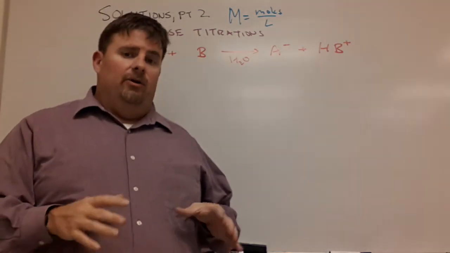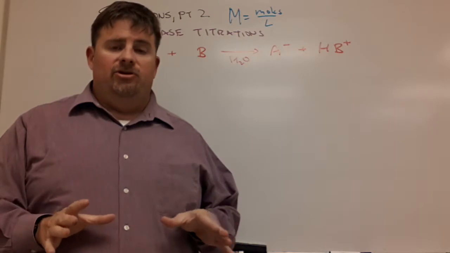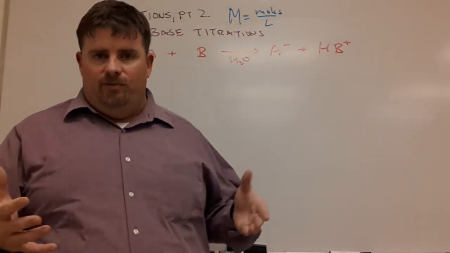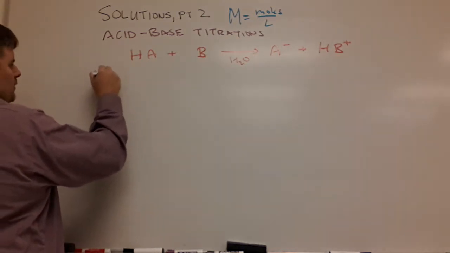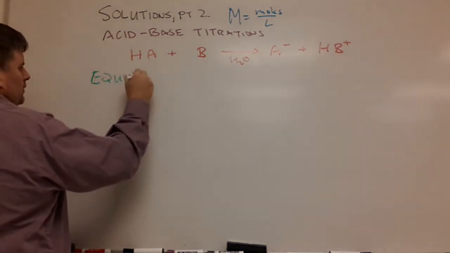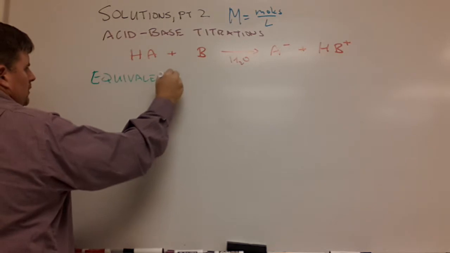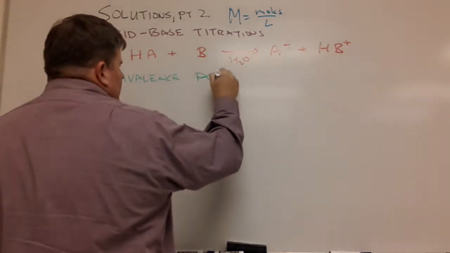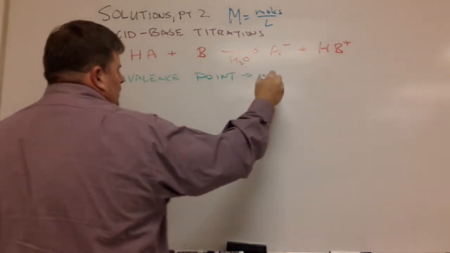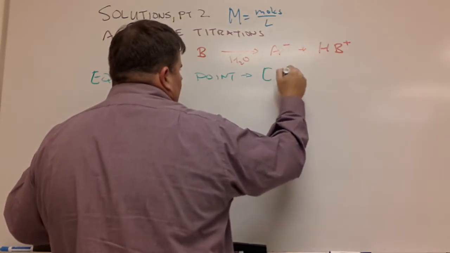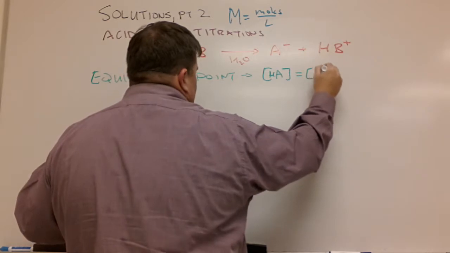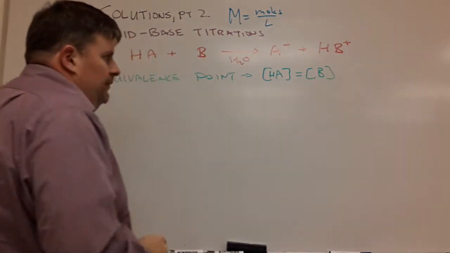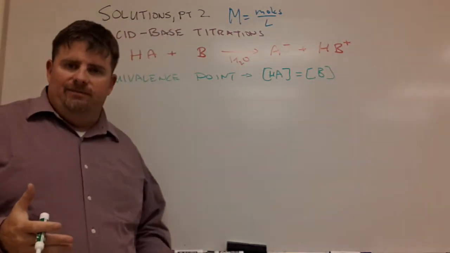Now, whenever we titrate something, we generally want to get to what's called the equivalence point. And the equivalence point is the point at which the concentration of HA is going to be equal to the concentration of B. That's when we have equivalence.